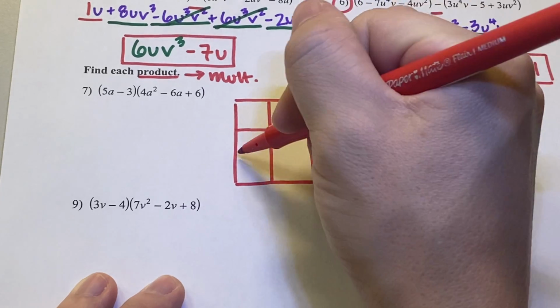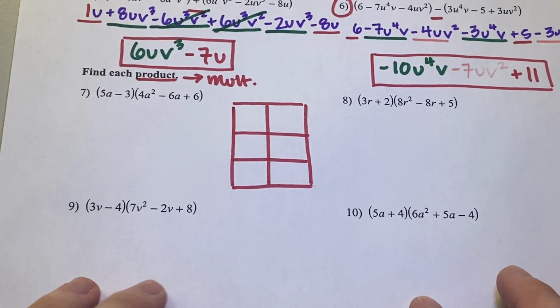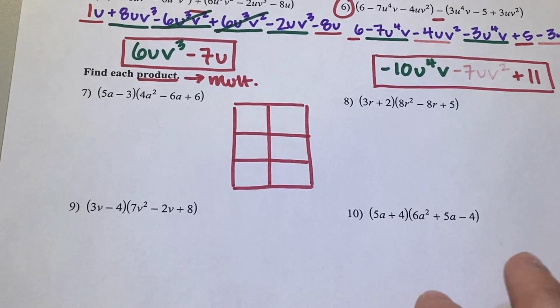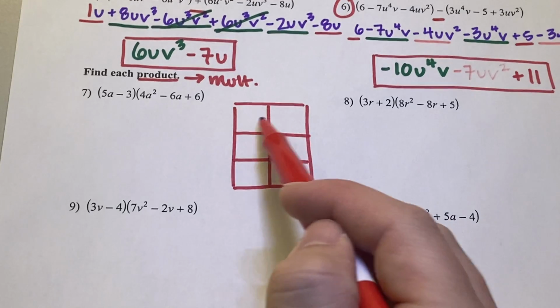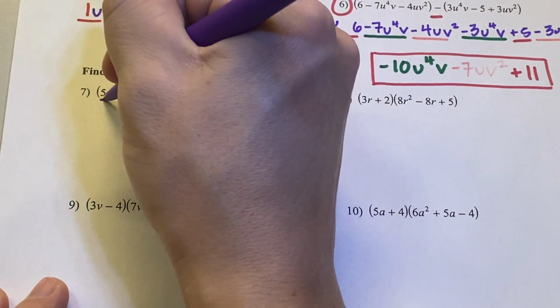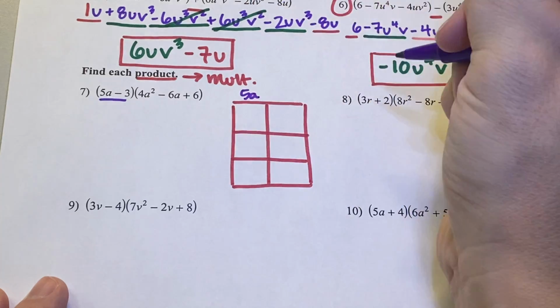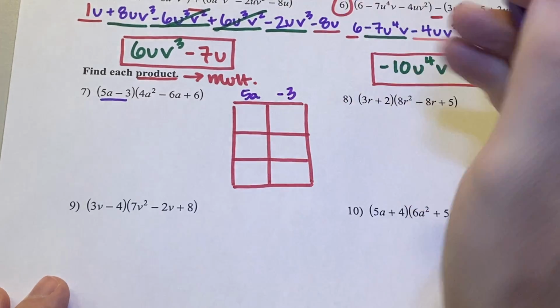But then we're going to give ourselves 6 squares. So give yourself a box, but make it 6 squares, right? 2 and then 3 down. The reason we're doing this, we have a binomial, which means 2 terms. So put your binomial on top, 5a, -3.